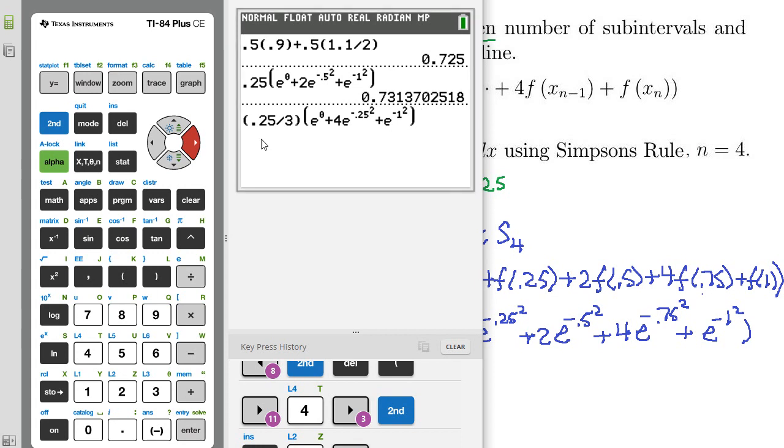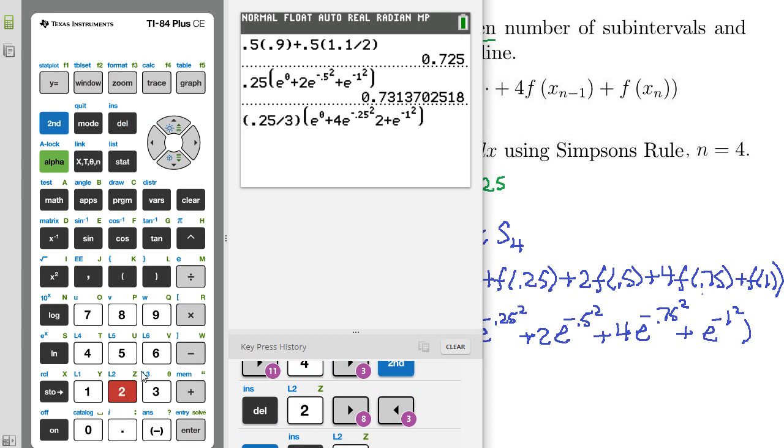And then for my next one, I need to insert a 2 multiplier, and change my 1 to a 0.5.